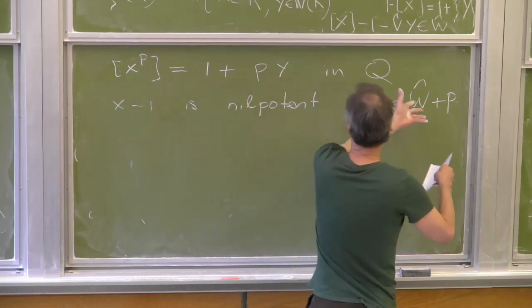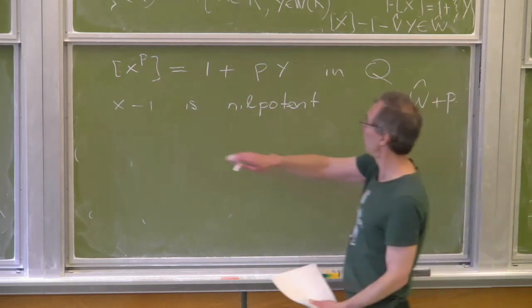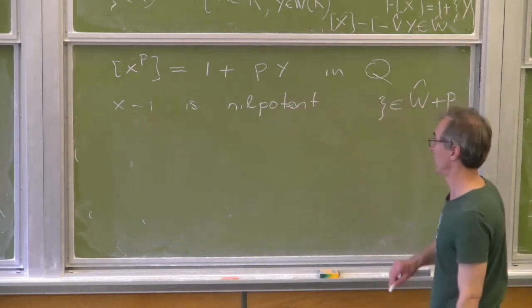And the ring R is p-nilpotent. So that means that X minus 1 is nilpotent.